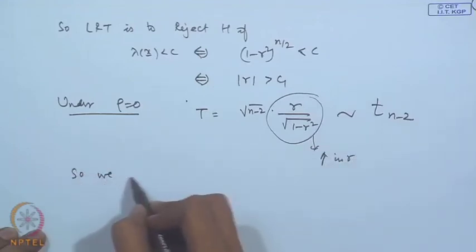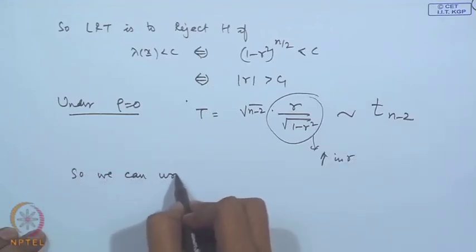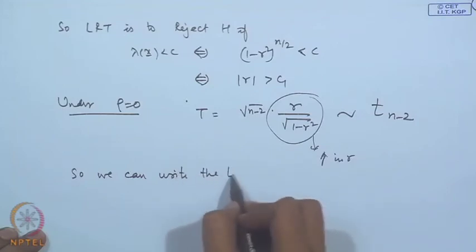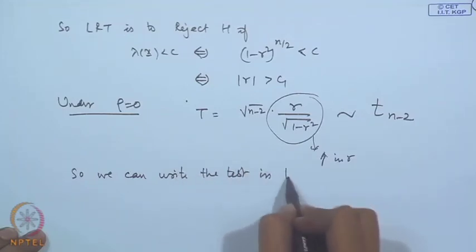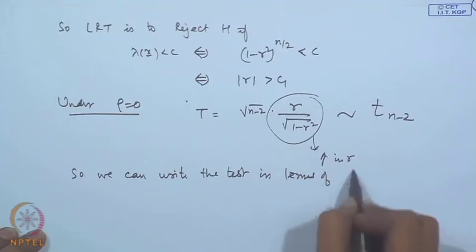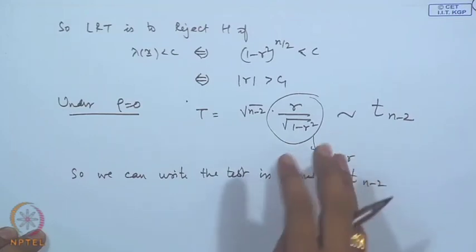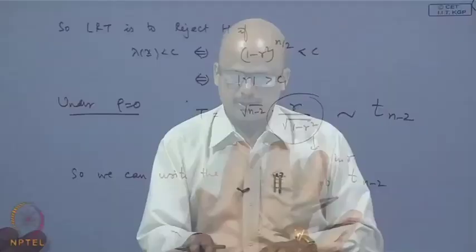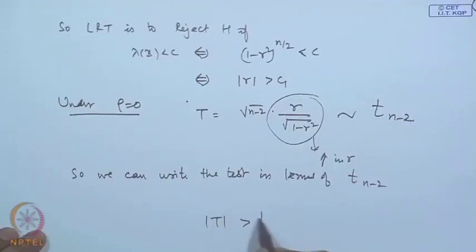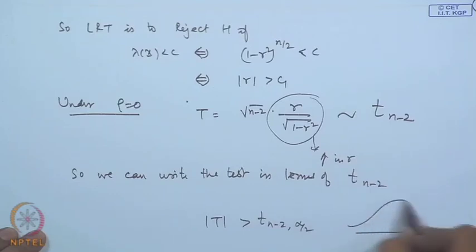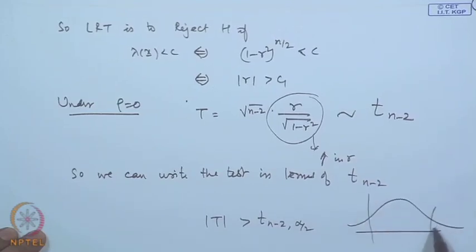So, we can write the test in terms of t n minus 2. So, basically what we can say, we reject when modulus t is greater than t n minus 2, alpha by 2, because the t distribution is symmetric. So, we can consider this alpha by 2 and this probability as alpha by 2 here. This is the acceptance region.